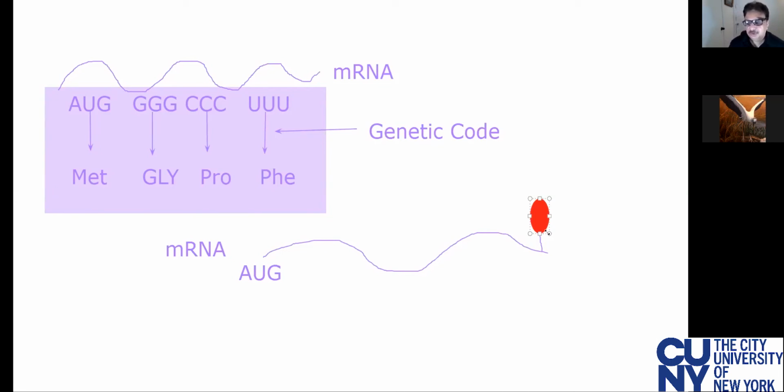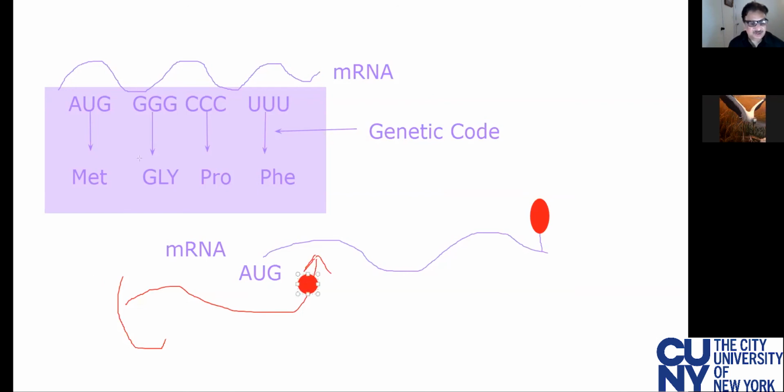Okay. So when translation is happening, there is an mRNA strand, and then there is tRNA that brings amino acids from the cytosol. So which amino acid will it bring for AUG? It will bring the amino acid methionine, and this methionine will come here.